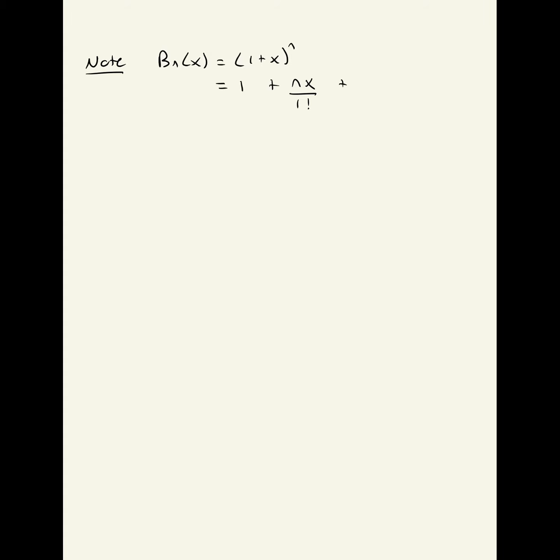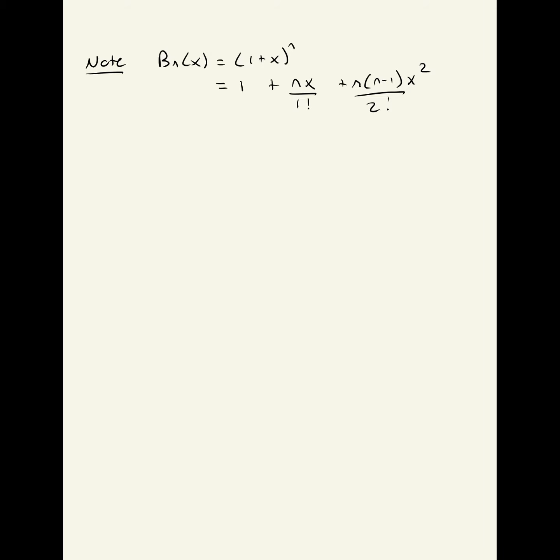And I'm going to continue in this way. Now, if I take the second derivative, I bring this n down in front, and then I subtract 1 from this, so I have to bring an n minus 1 down in front. So my coefficient ends up being n times n minus 1, and this time that's the coefficient on x squared, all over 2 factorial. I'm just working through the Maclaurin expansion.